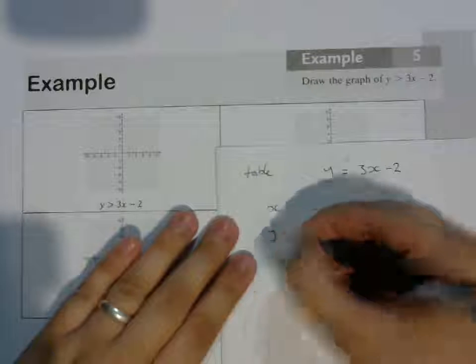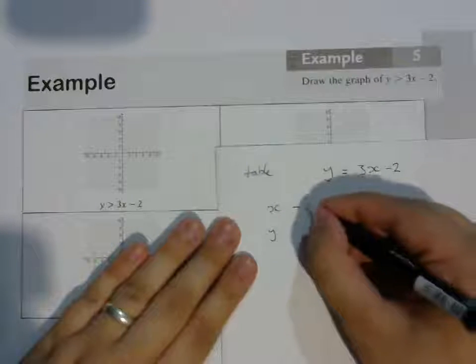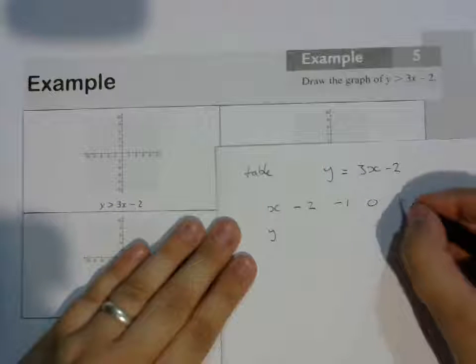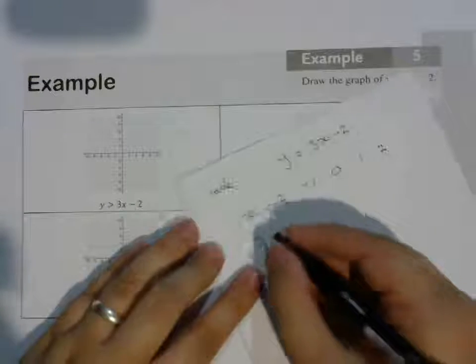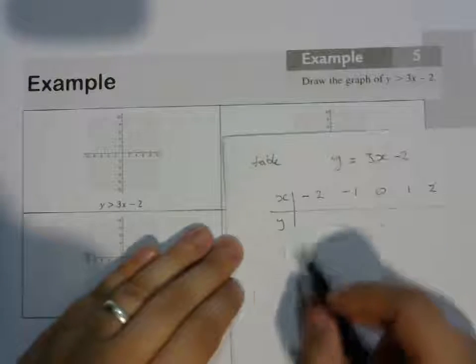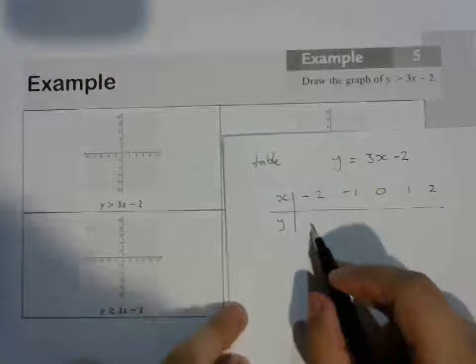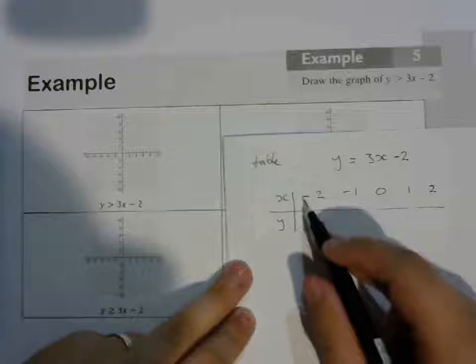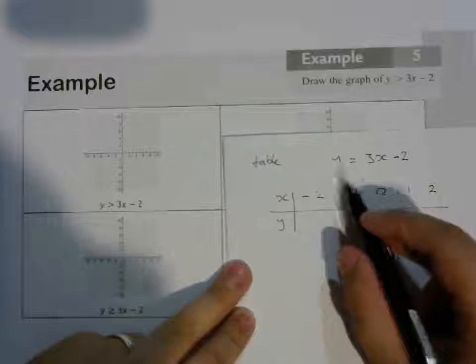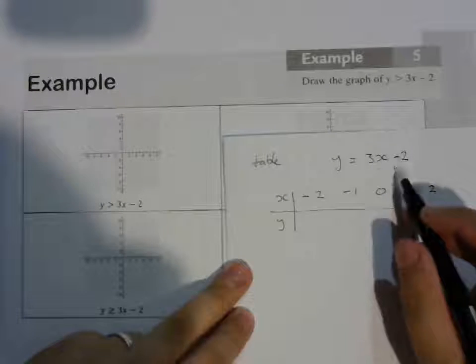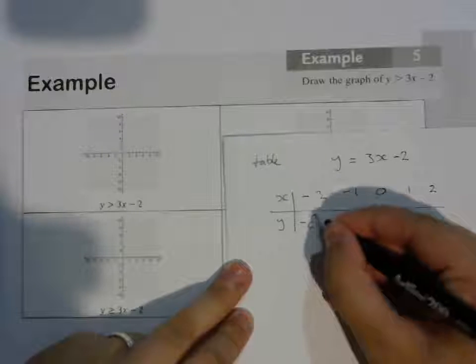So I'm going to choose some x values. I might make those -2, -1, 0, 1, and 2. And I'm going to calculate the y value corresponding to that x value. So when x is -2, y is going to be 3 times -2, which is -6, minus 2, which is -8.